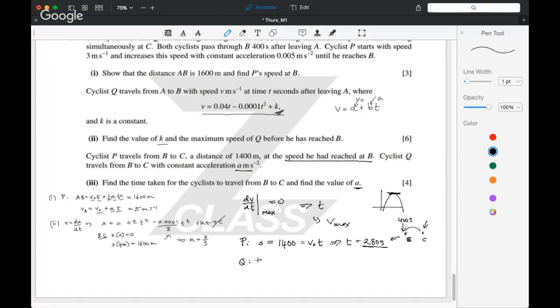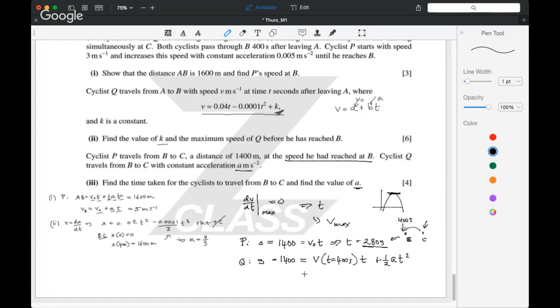So the distance traveled, which again is 1400, same distance, is the velocity that he had at B, at t equals 400 seconds, times the time from B to C, plus 1/2 a t squared.